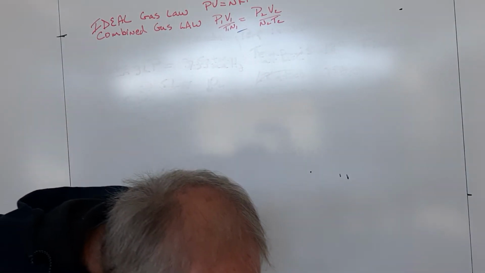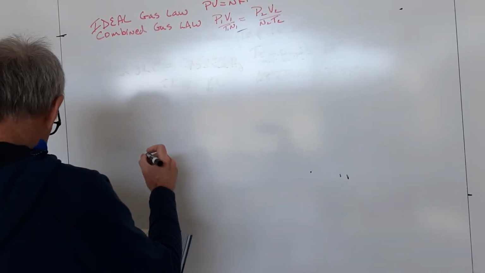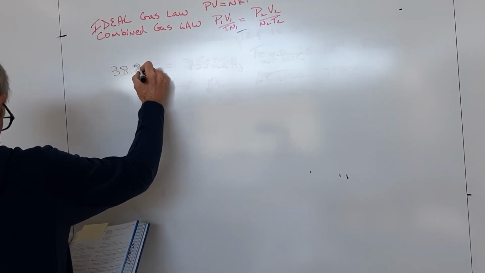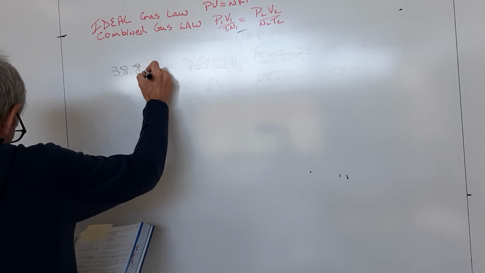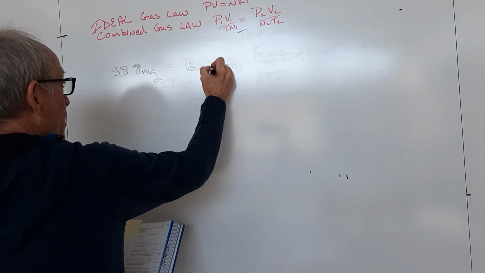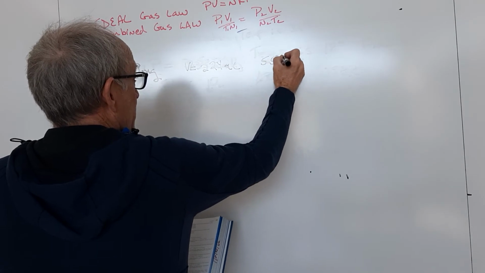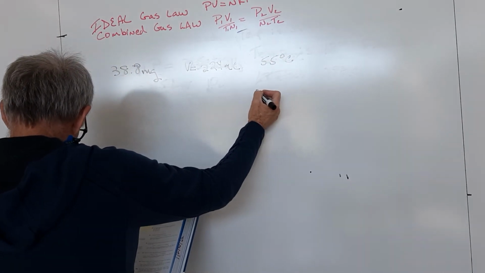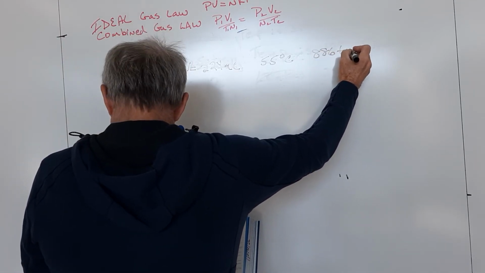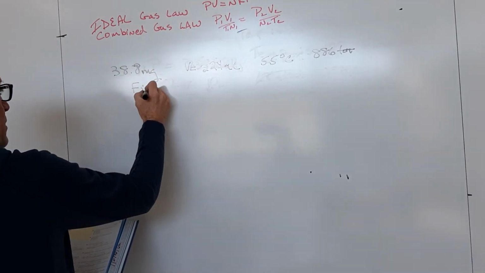Number 71 says a sample of gas has a mass of 38.8 milligrams, and the volume is 224 milliliters at a temperature of 55 degrees Celsius and a pressure of 886 torr. Find the molar mass.